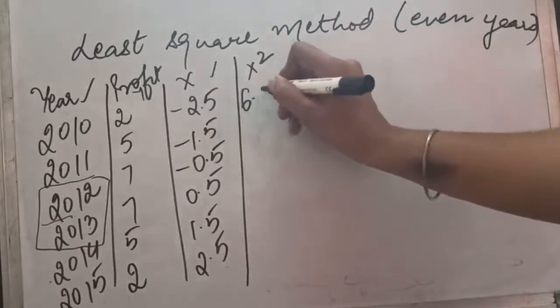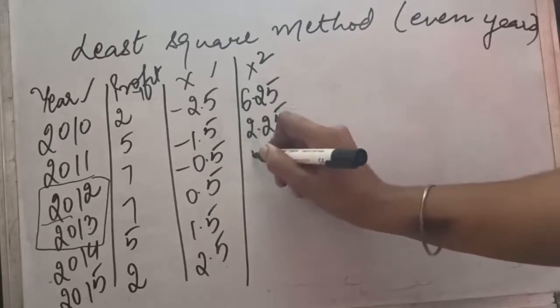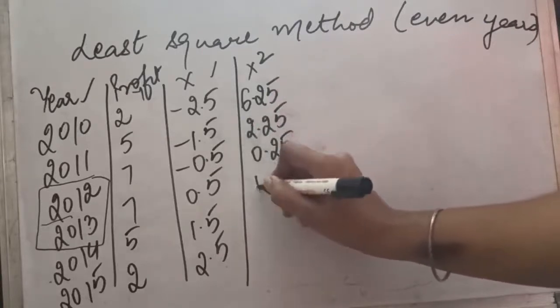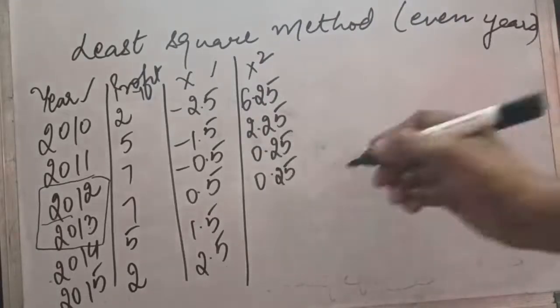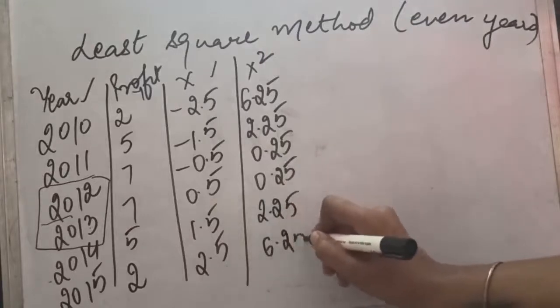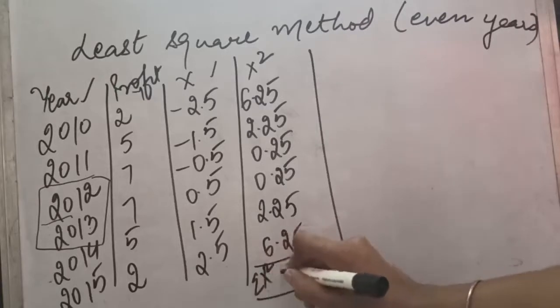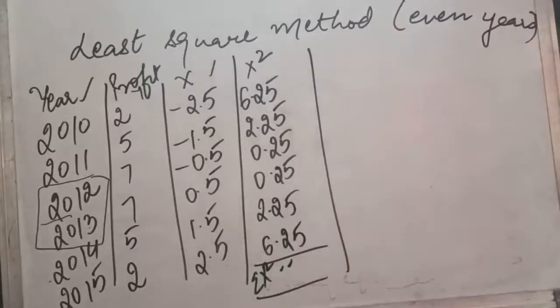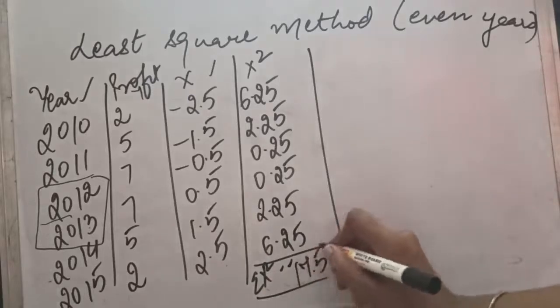This will be 6.25, this will be 2.25, 0.25, again 0.25, 2.25 and 6.25. So we will add it and we will get sigma X square, which comes out to be 17.5 in positive.